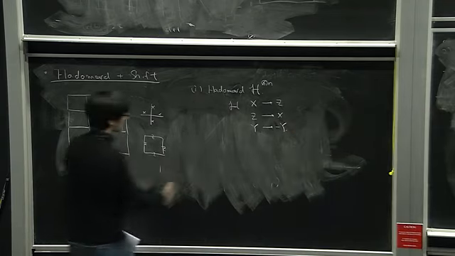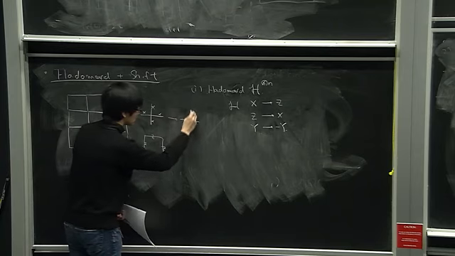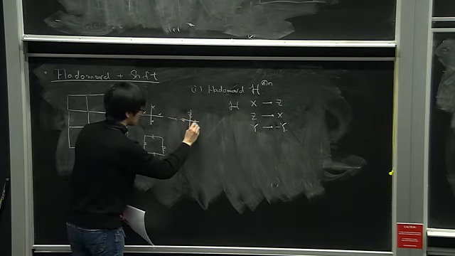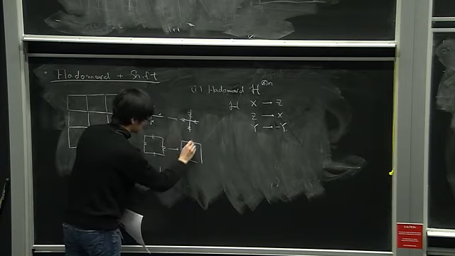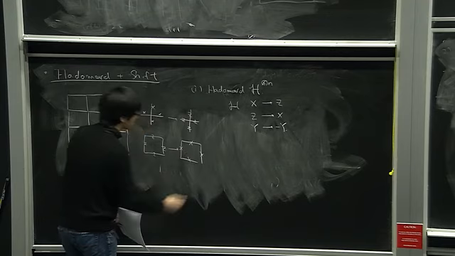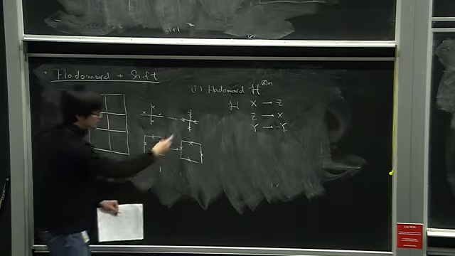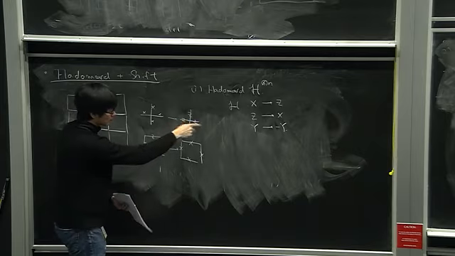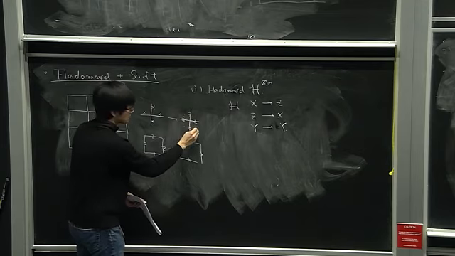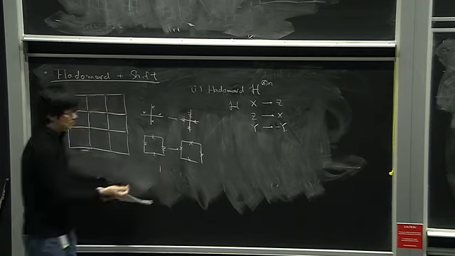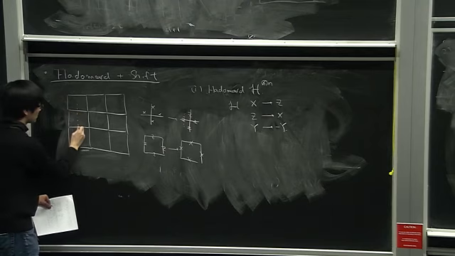Then this Hadamard will of course change my vertex operator to this vertex operator, and the plaquette operator to this. But now the point is, this operator, I draw it on a lattice and it looks like a vertex. But if I go to the dual lattice, it looks like a plaquette, right? By dual lattice, I mean the following.